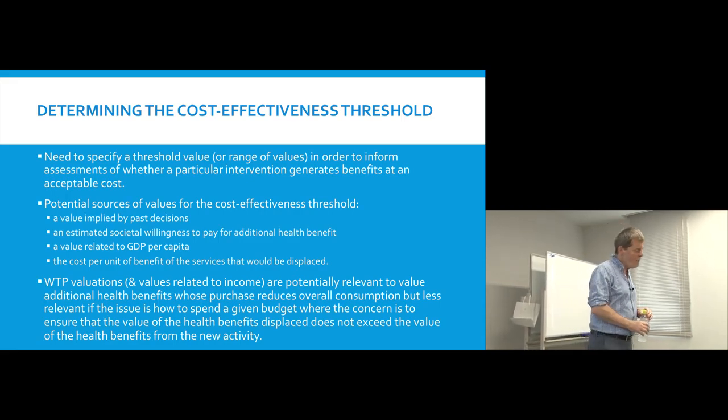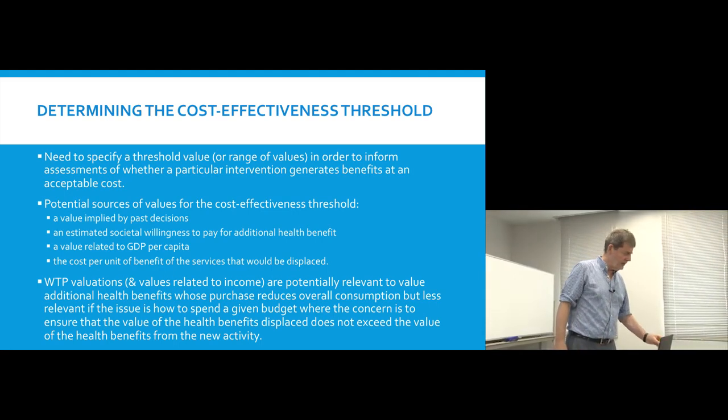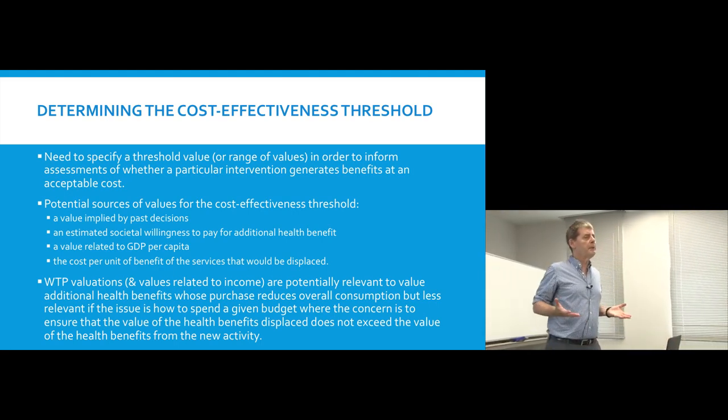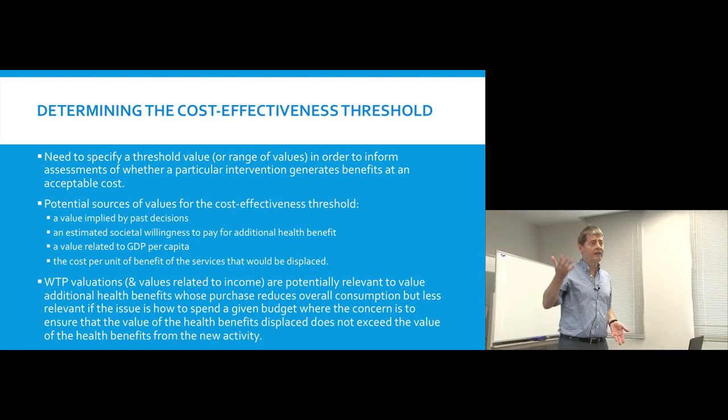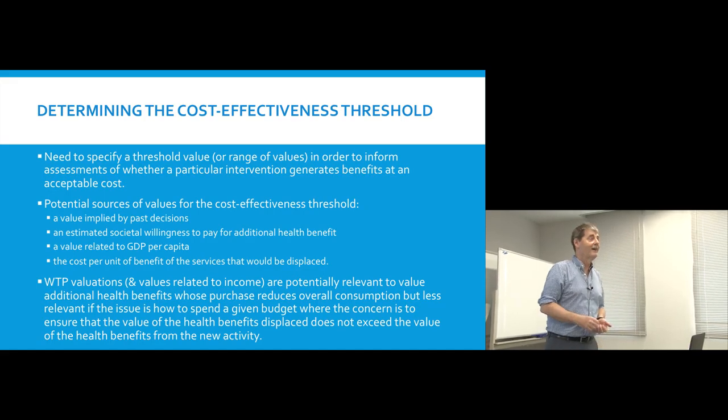I suppose in one very crude sense you can see the idea that if GDP per capita is very high, it's a very wealthy country. If you're very wealthy, then you are willing to spend a bit more to get a health benefit. If GDP per capita is very low, you're completely unable to spend these sums of money to get the additional health benefit.